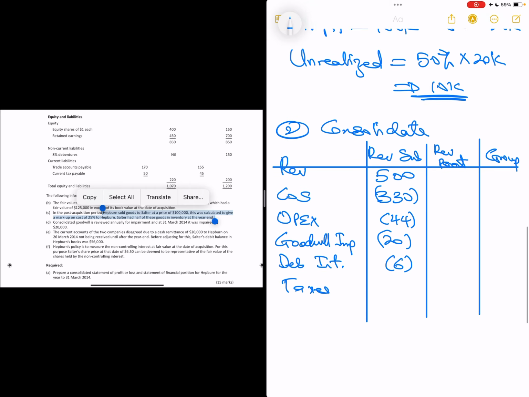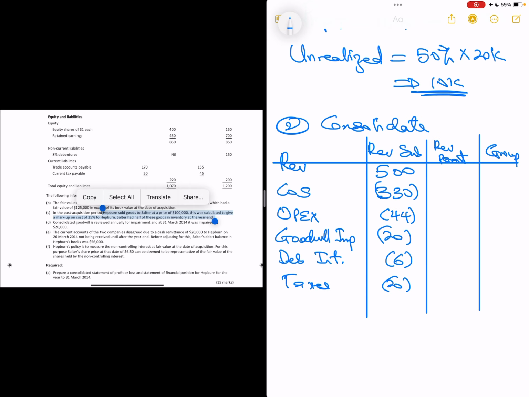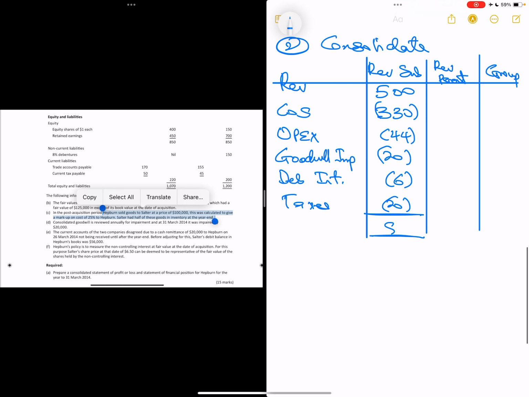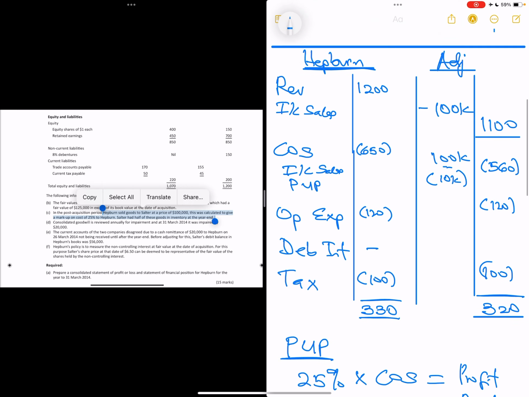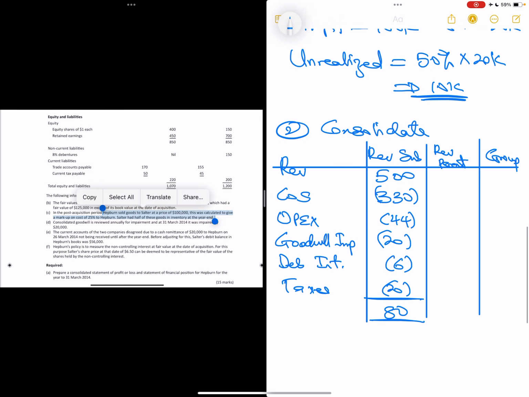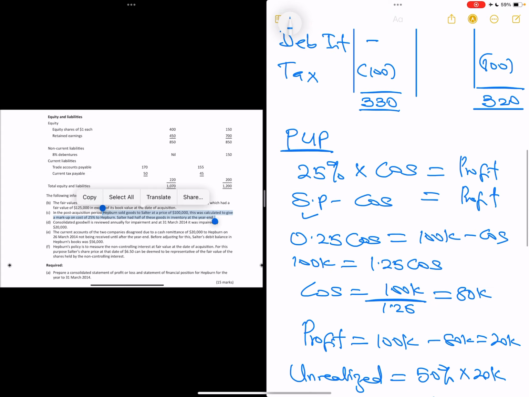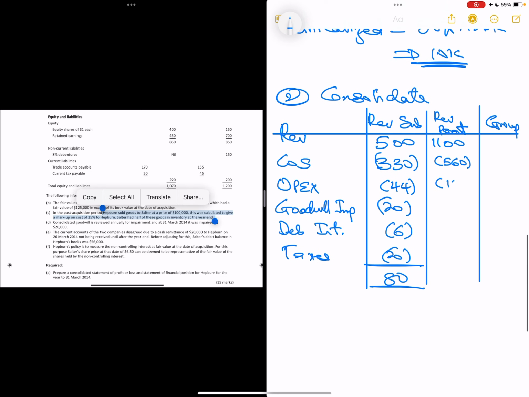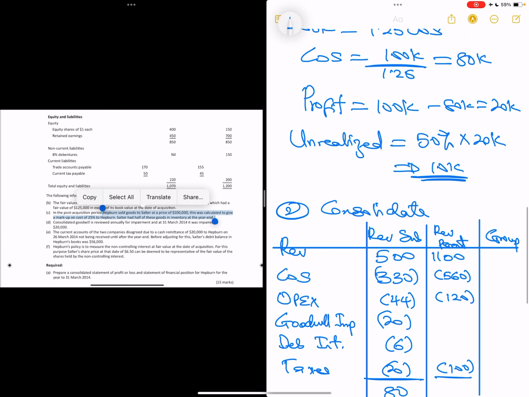Then we have 20 as tax. And that gives us the revised profit for subsidiary at 80. For parent, likewise, we have 1100, we have 560, 120, and 100. And that gives us 320.